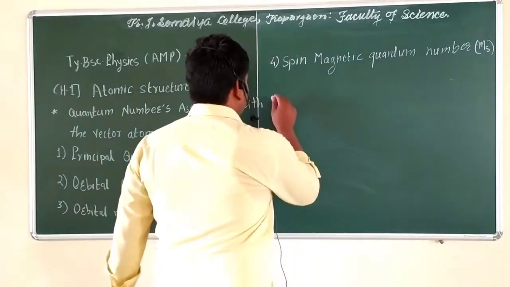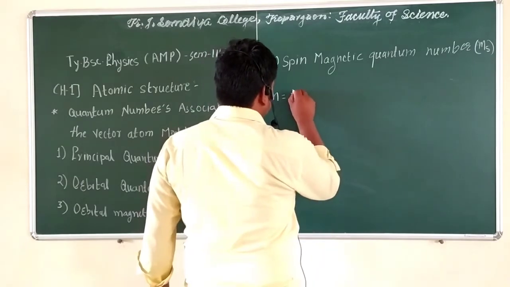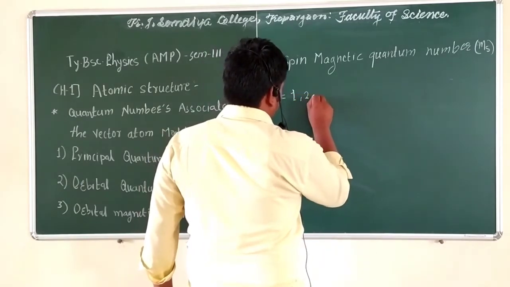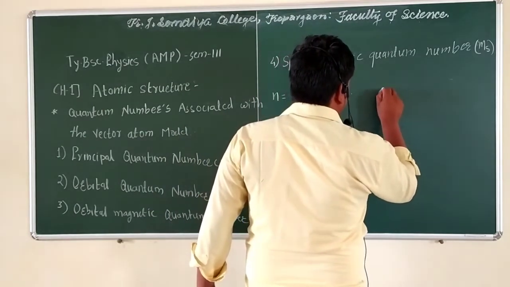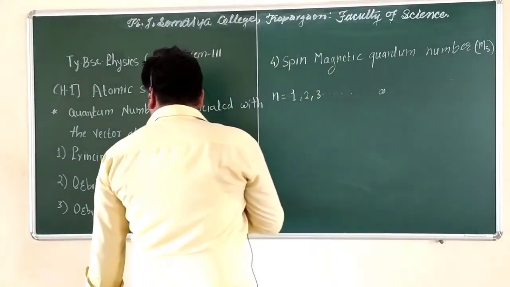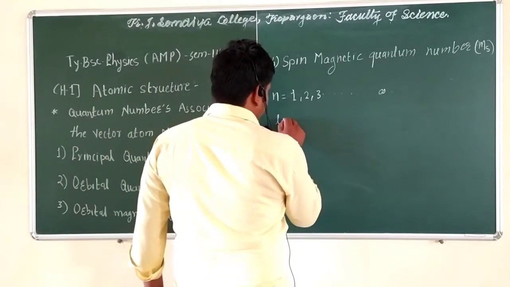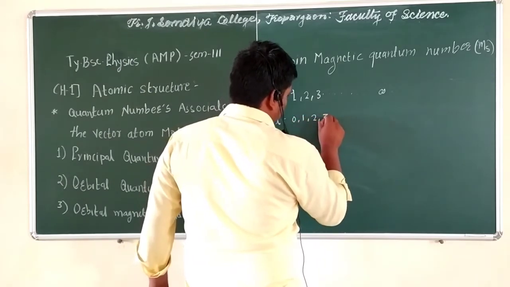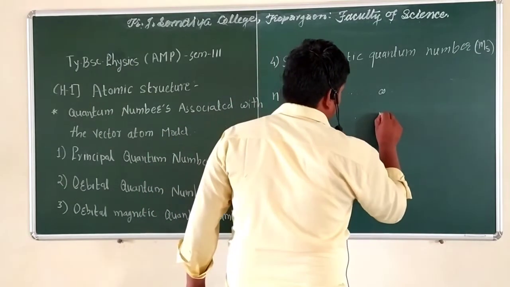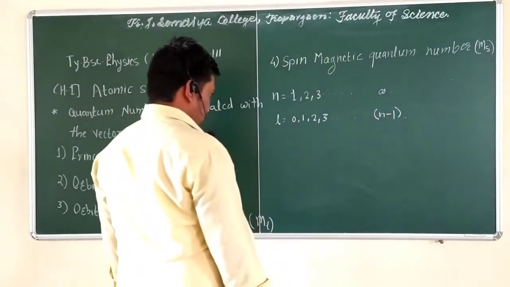n is the principal quantum number, and its value is 1, 2, 3 up to infinity. The value of the orbital quantum number l is 0, 1, 2, 3 up to n minus 1, where n is the principal quantum number.